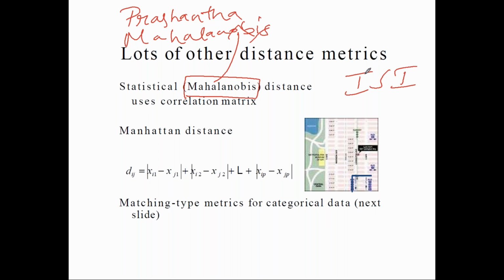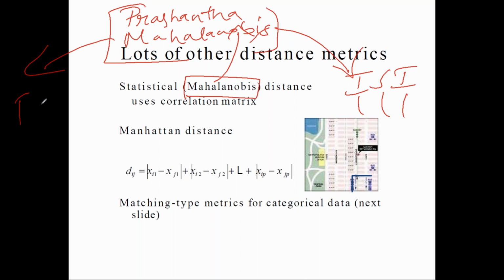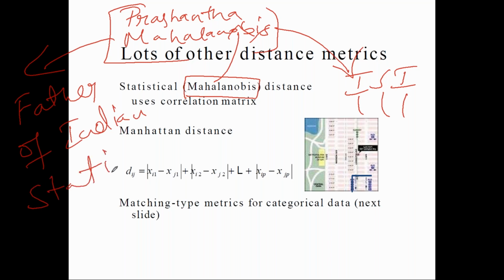Indian Statistical Institute. So he is the founder of the Indian Statistical Institute, Prashanta Mahalanobis. ISI's founder, he is the chairman, and he is the father of Indian statistics. You can call him the father of Indian statistics.